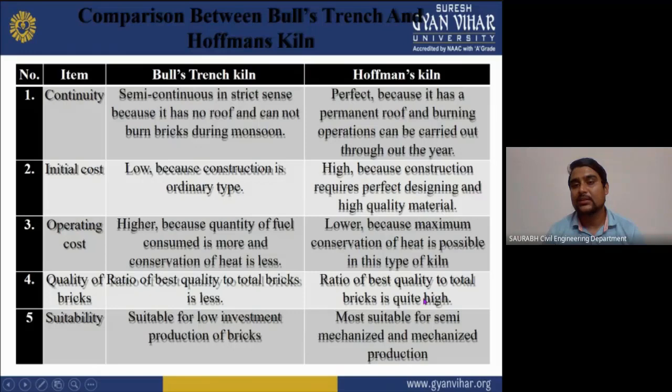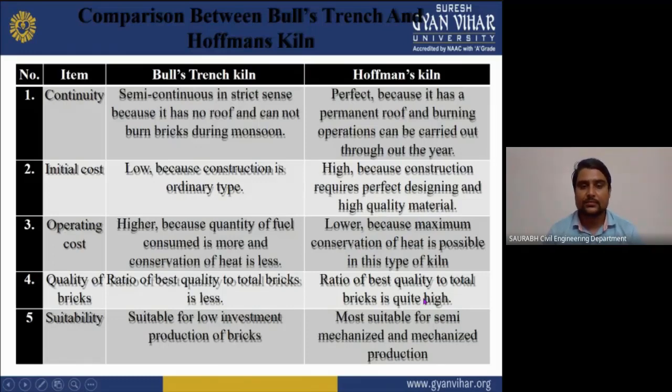Hoffman's kiln is perfect because it has a permanent roof and burning operation can be carried out throughout the year. So that is a disadvantage of Bull's trench kiln: in the monsoon, the rainy season, you cannot burn your brick in it. But in Hoffman's kiln you can easily work continuously for 12 months, and you can also prepare a lot of bricks.